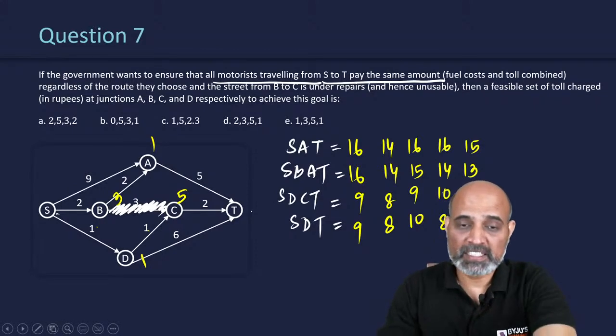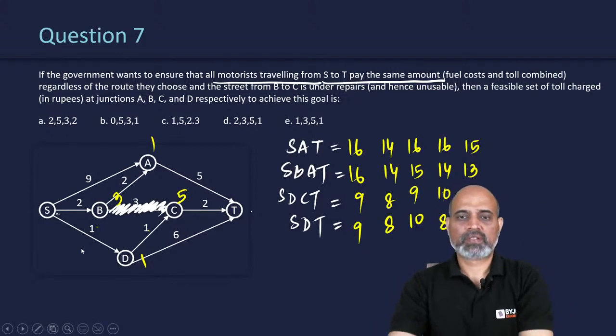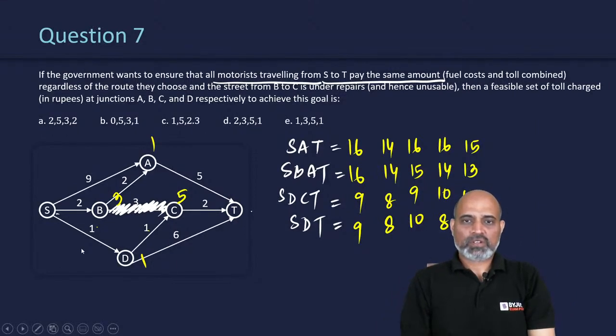So we need that scenario where nobody, I mean, of course, BC is getting repaired, right? And it should be the cheapest amount.